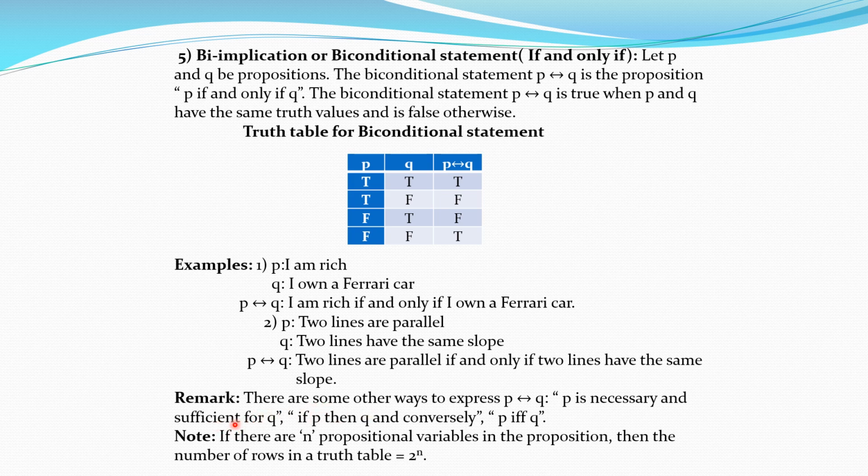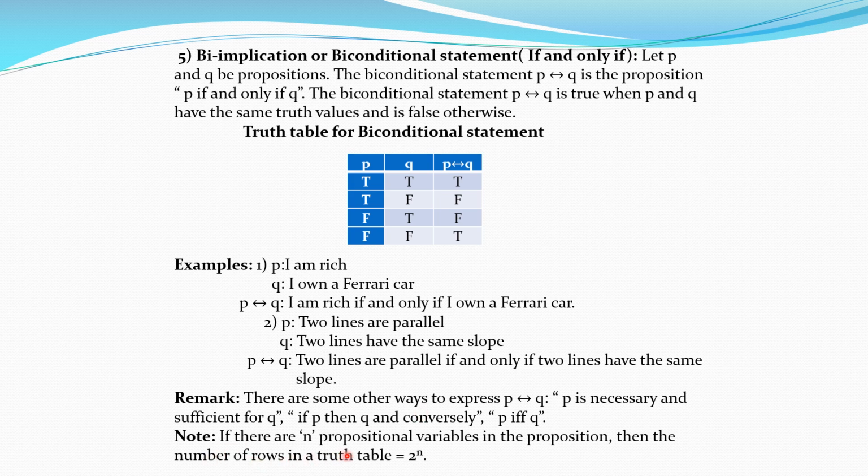Now another way is if P then Q and conversely, because in logic if P implies Q, its converse is Q implies P. So here it is P implies Q, at the same time Q implies P, means converse is also there. Then in short you can write this as P iff Q, that is P if and only if Q. So these are different ways of representing biimplication or biconditional statement.